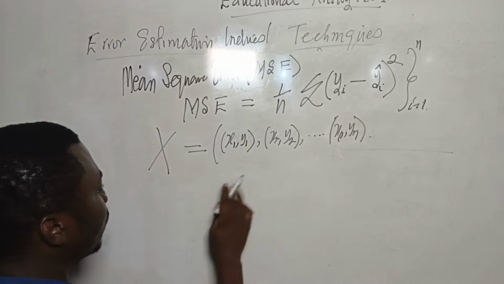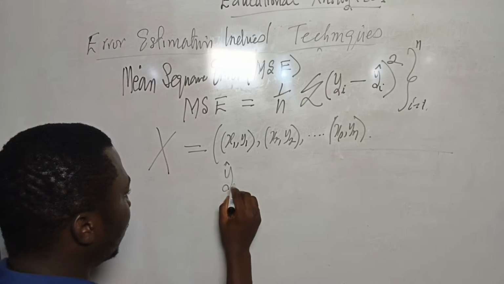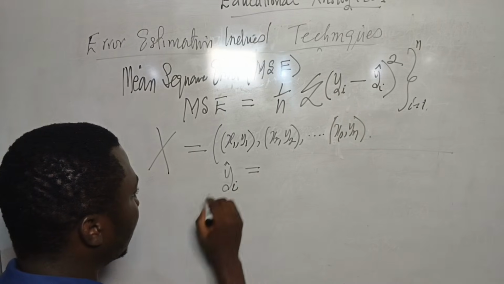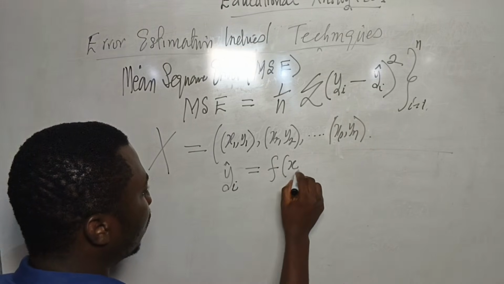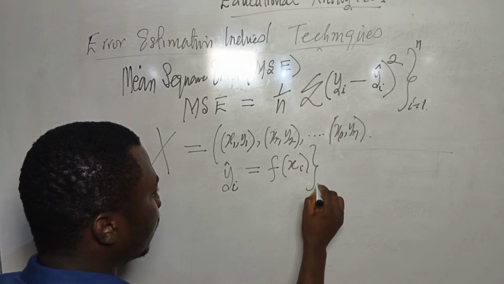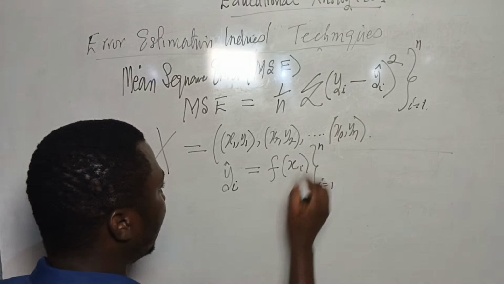Say this is a transfer function yi cap equals f of xi such that i runs from 1 to n.